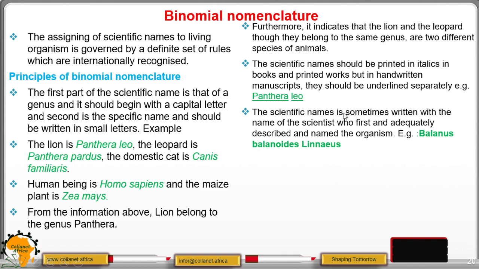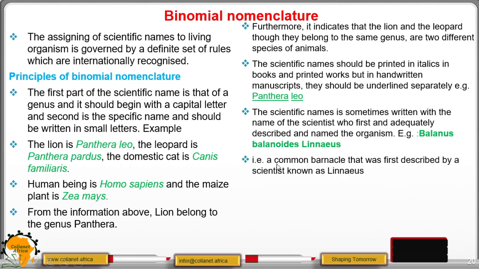The scientific name is sometimes written with the name of the scientist who first and adequately described and named the organism for the first time. For example, Balanus balanoides Linnaeus is a common barnacle that was first described by a scientist called Linnaeus.